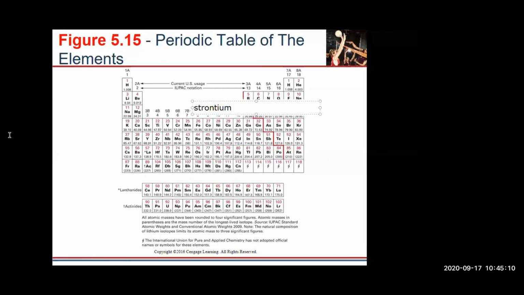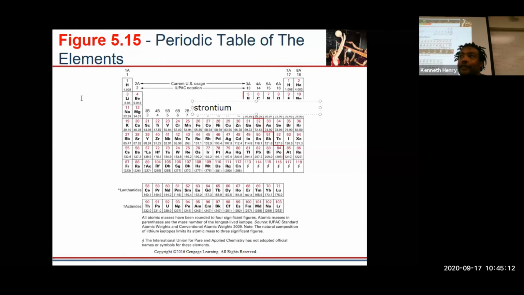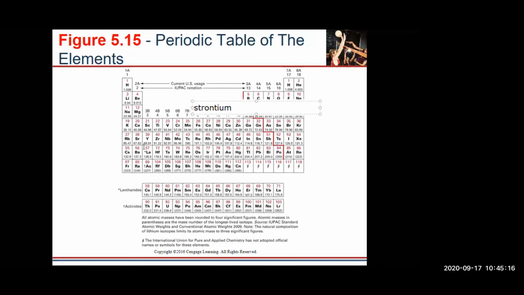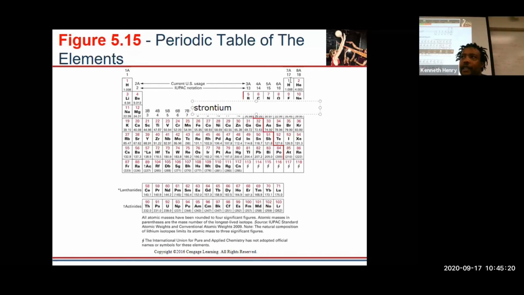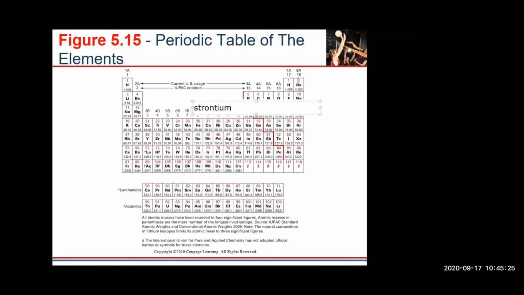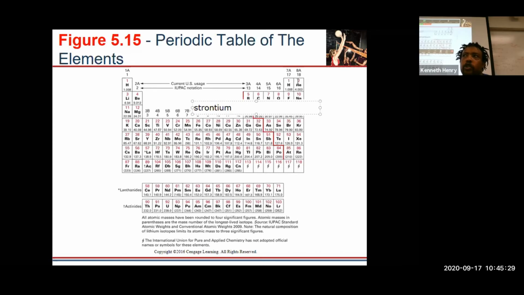So remember, I told you earlier, these letters up here, the 1A, 2A, 3A, 4A, 5A, 6A, 7A, 8A. So that used to be called the main group. So in the old days, we didn't understand transitional metals. So what we would do is ignore them, right? So we just pretend that they weren't there.